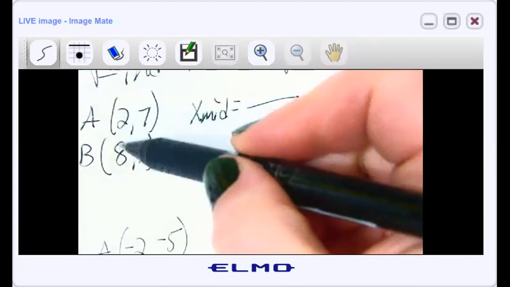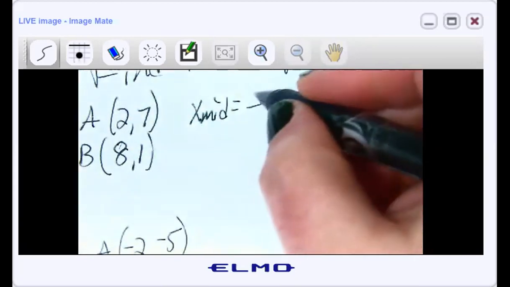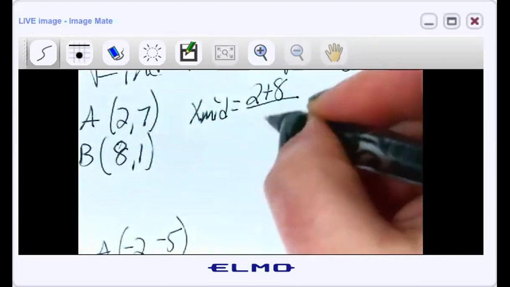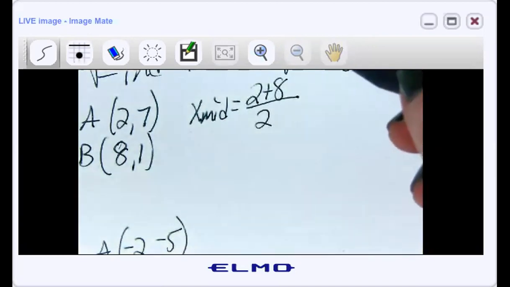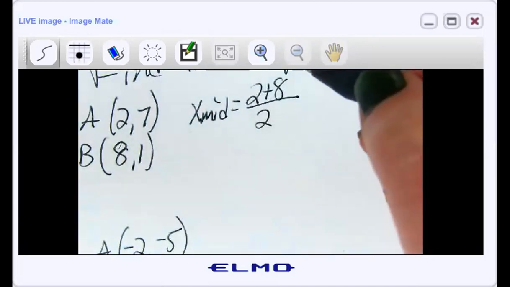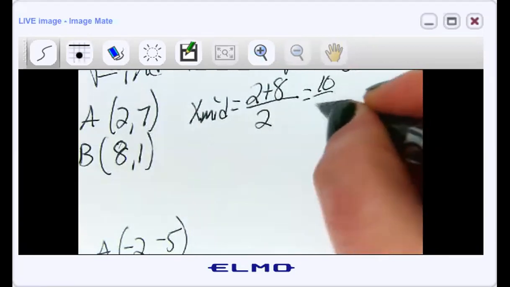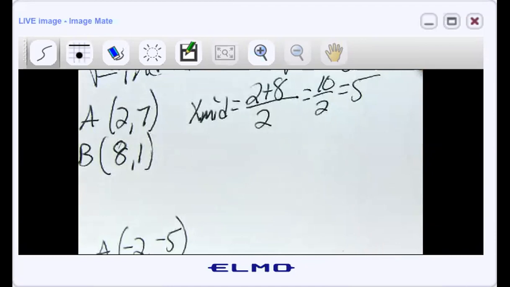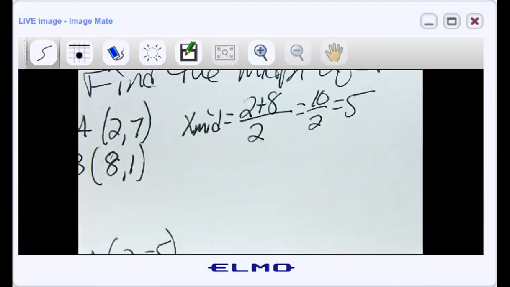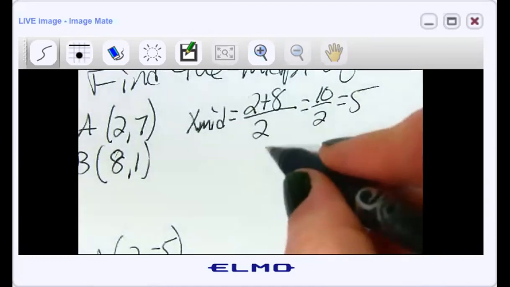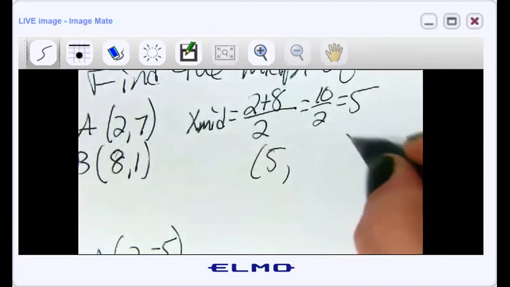Here's x1, here's x2. So I'm going to add 2 plus 8, and then I always just need to divide that answer by 2. So I will always do that. Add the x's, divide by 2. So 2 plus 8 is just 10, divide by 2. I get 5. So that means the first part of my coordinate is going to be 5. It'll be at 5 comma something.